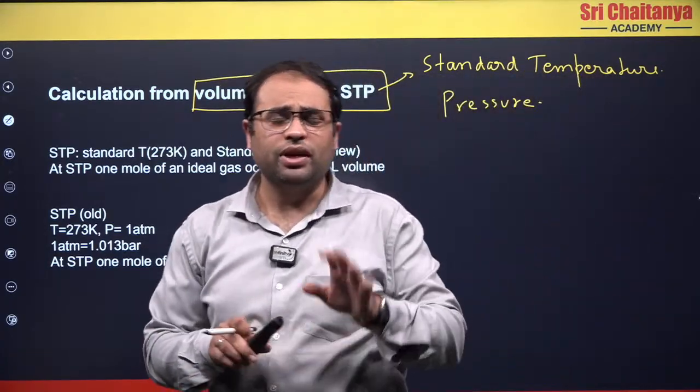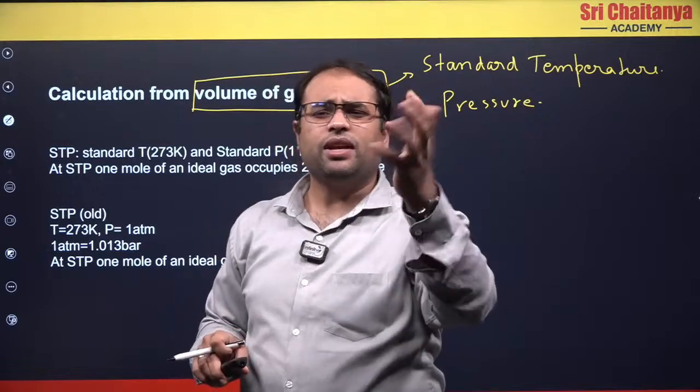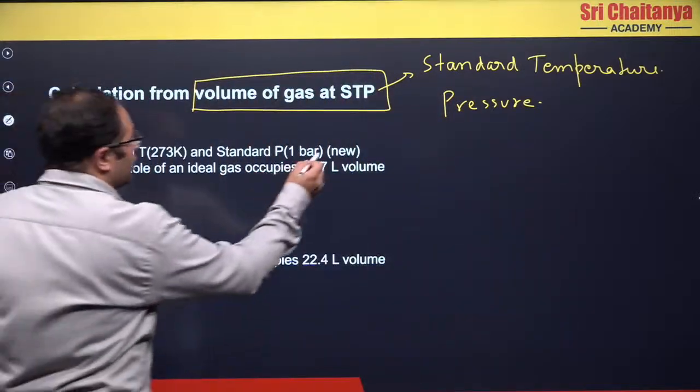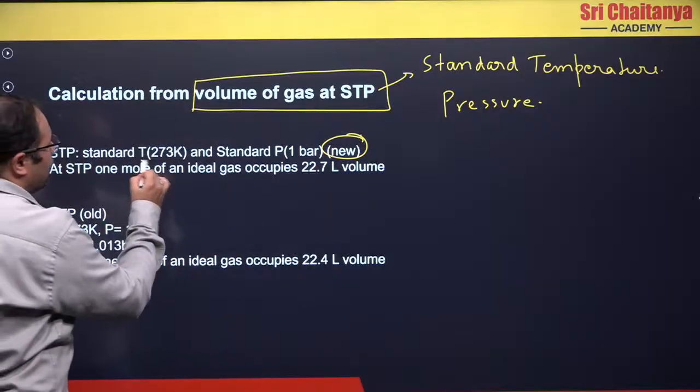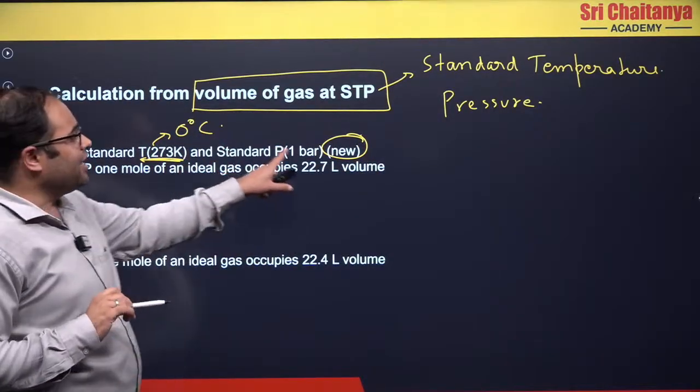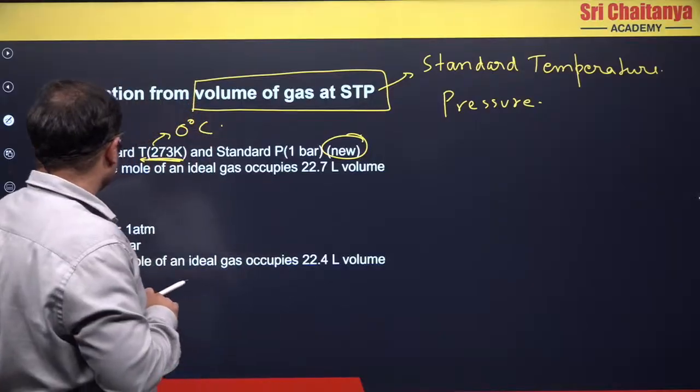Standard temperature pressure simply means some fixed temperature and some fixed pressure. Okay. So that standard temperature pressure according to the new system is 273 Kelvin, which is nothing but 0 degree Celsius, and standard pressure is 1 bar.